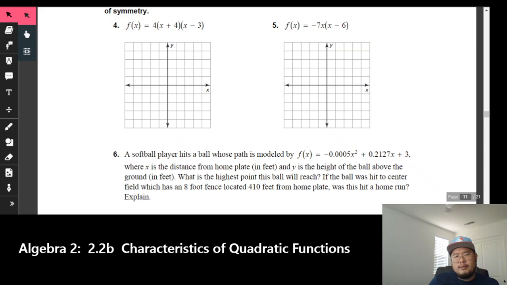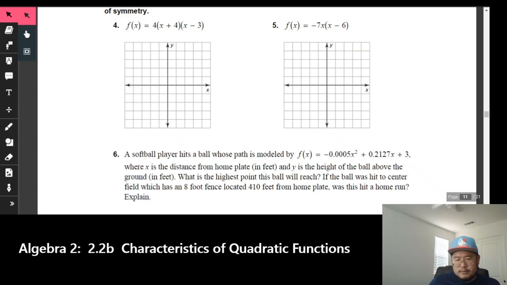If I have 2 binomials with x involved, then that should tell me that I have 2 x-intercepts. This 4, once again, it's your a value. It's greater than 1, so that should tell you it is a vertical stretch, and it's positive, it's going upwards.